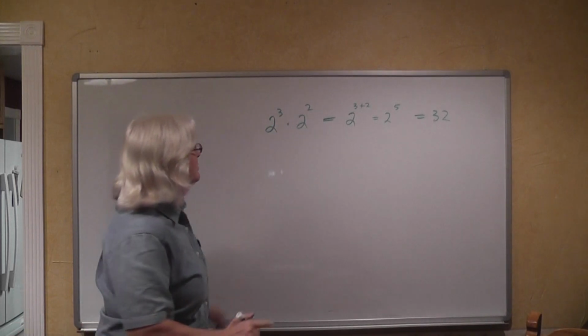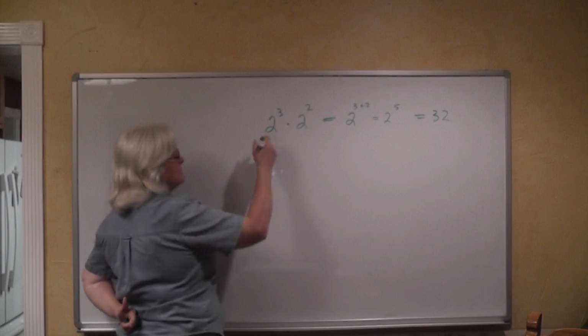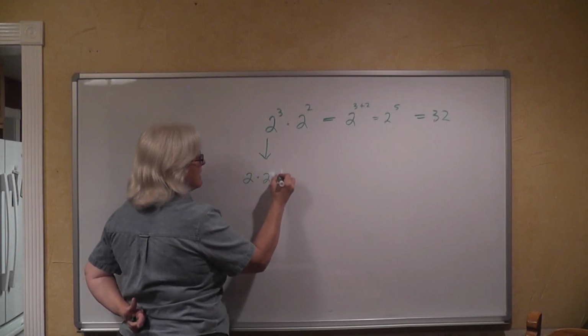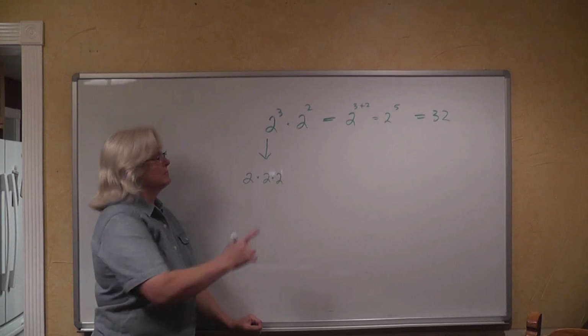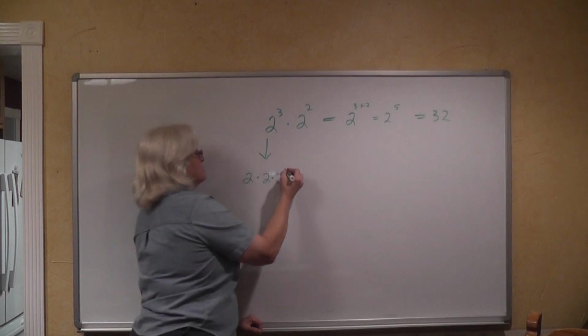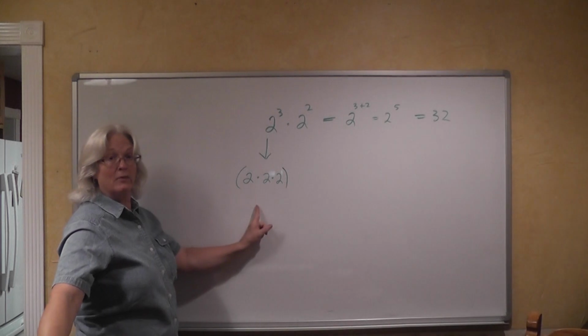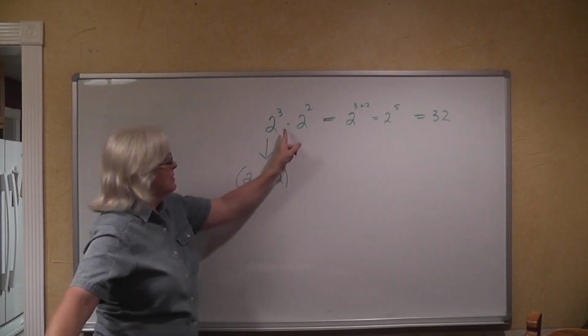What does 2 cubed mean? It means take 2 and use it as a factor 3 times, doesn't it? 2 cubed, the base is a 2, use it as a factor 3 times. So this is another way of writing 2 cubed. It's expanded out.